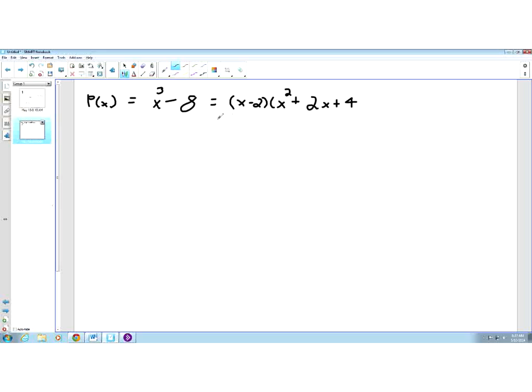Right? And then the factorization of Q of x, which is equal to x squared minus 4, which is a difference of two squares. So that would be x plus 2 times x minus 2.